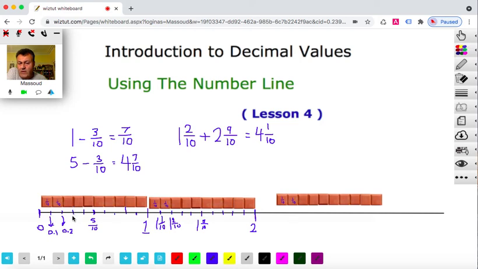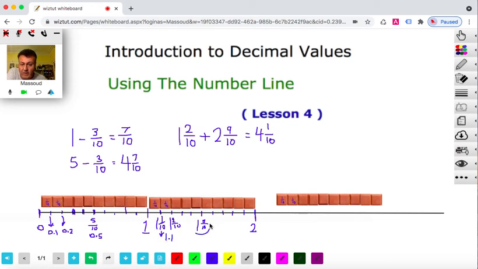0.2, and this would be 0.3. That would be 0.4, and that's 0.5. So 5/10 can actually be written as 0.5, and then here 1 and a tenth, you have to show them that can in fact be written as 1.1.